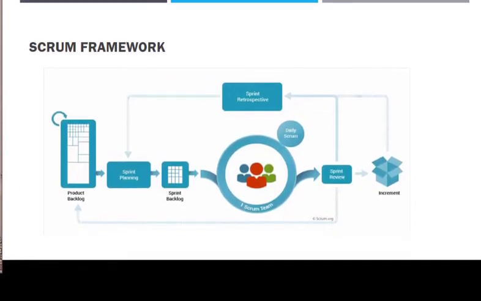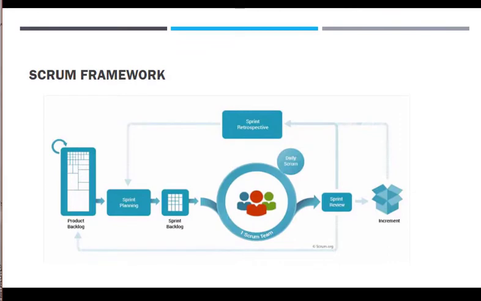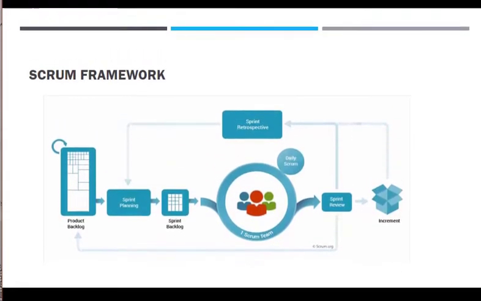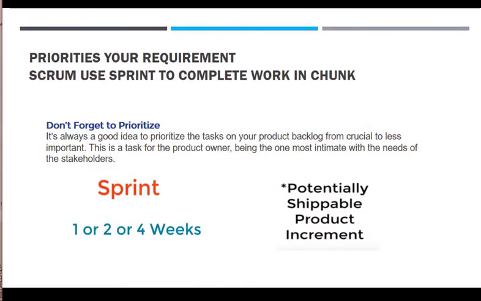A Scrum team is a development team with 2, 3, 4 members, or a maximum of 7 or 8. So this is the sprint: 15 days, or 1 week, 2 weeks, 4 weeks. Let's see in the next slide.